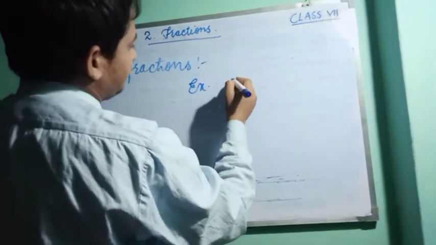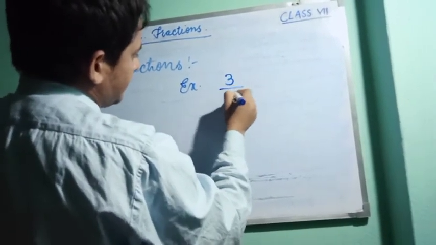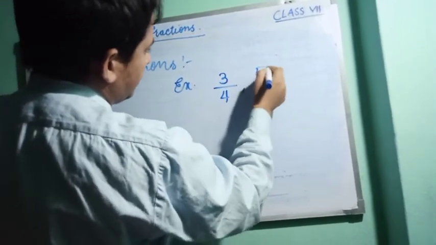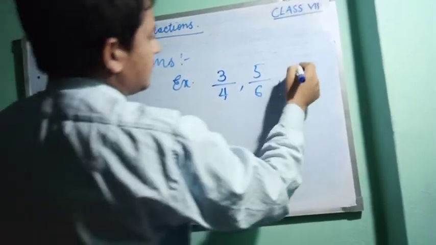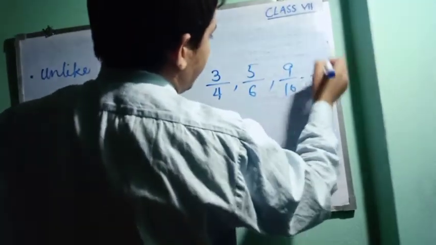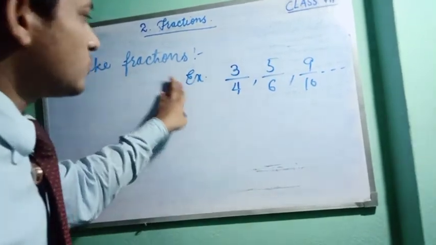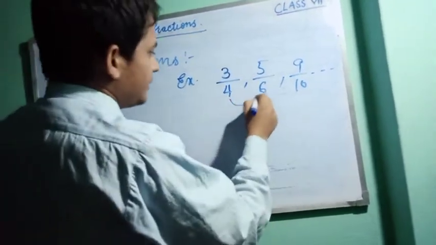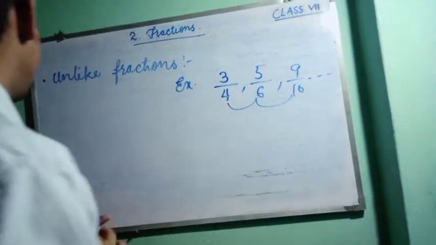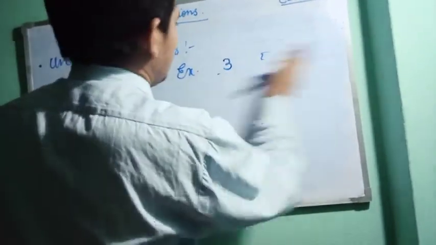See the example: 3 by 4, 5 by 6, 9 by 10 and so on. These are all examples of unlike fractions because they have different denominators.